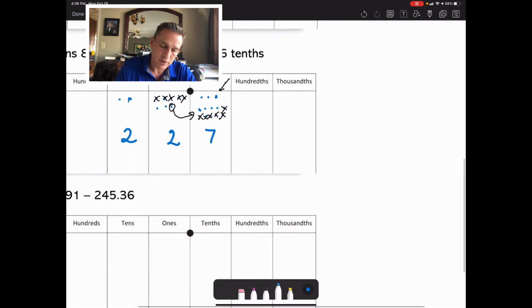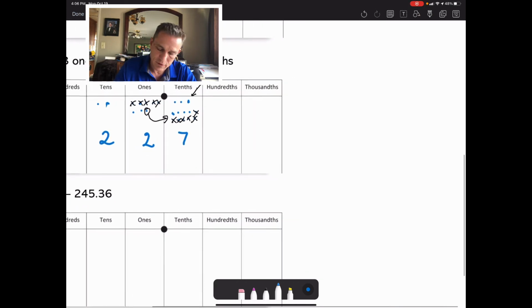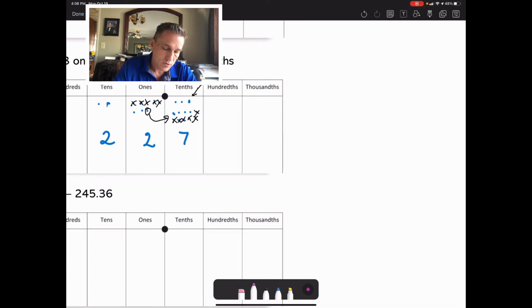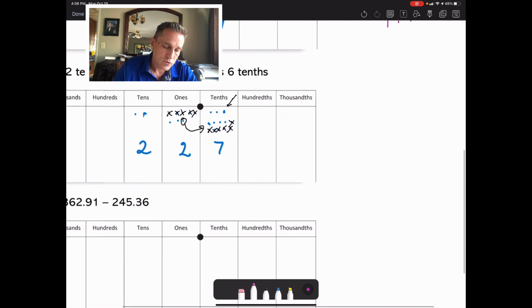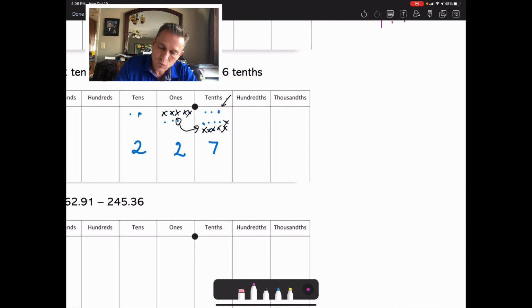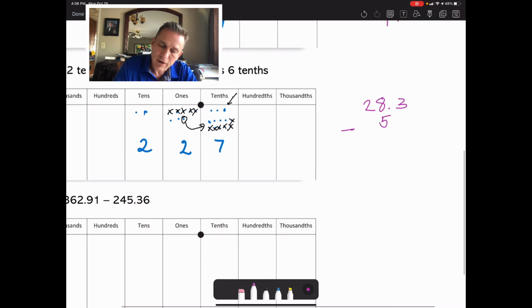All right, let's take a look at that in number form. So we start off with 2 tens and 8 ones. That's 28 and 3 tenths minus 5 and 6 tenths.